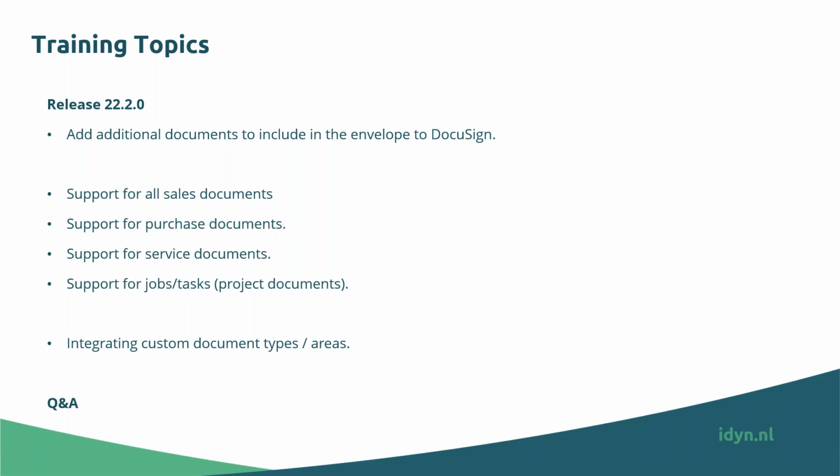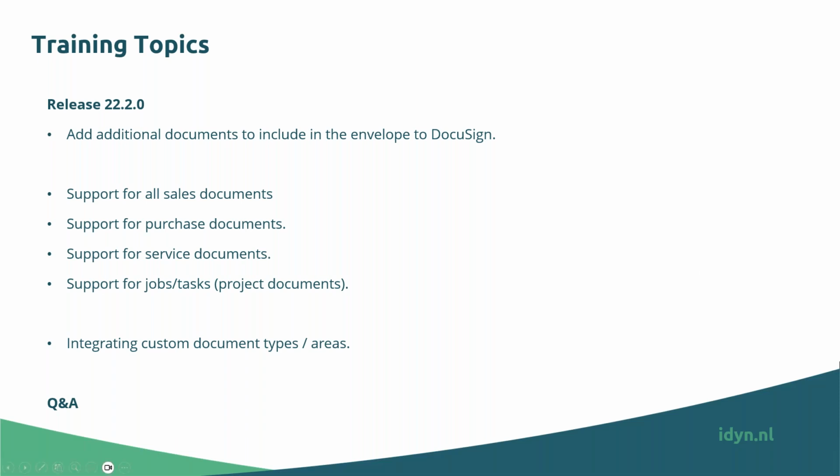And of course, some documents might even be part of their own solution or third-party solution. So that's probably not something that we could support out of the box without creating a dependency. So for that, we have options to add those same actions to other documents and events that can be used to create that flow.